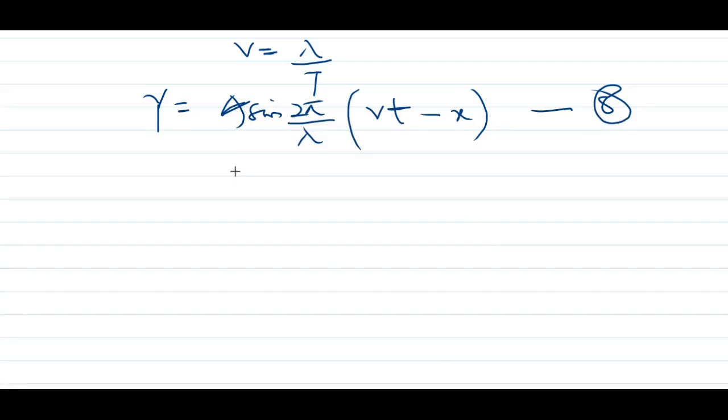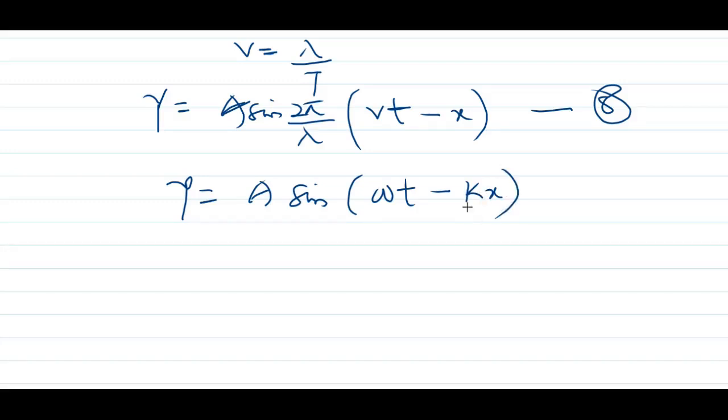So another thing that we can do, don't forget, what's v? v is wave speed or velocity. From equation star 1, star 2, star 3, I can have a sine omega t minus kx. Alright, and I can call this equation 9.